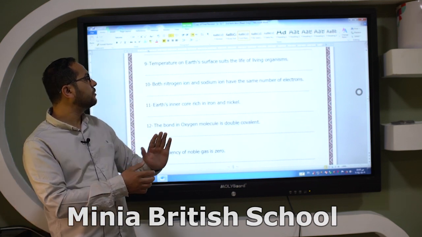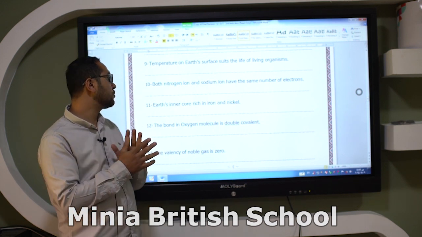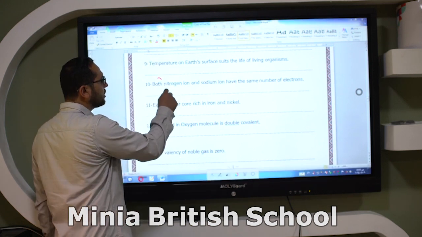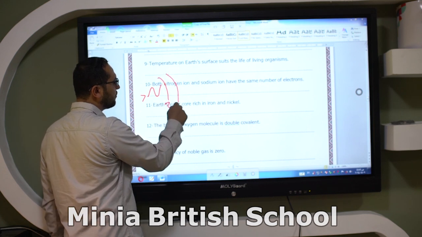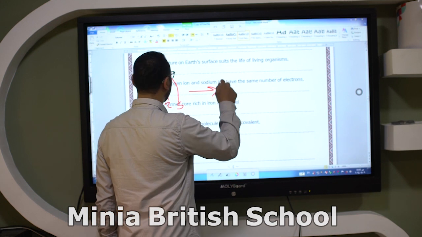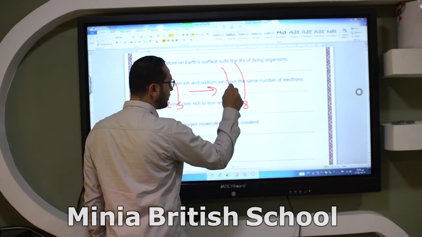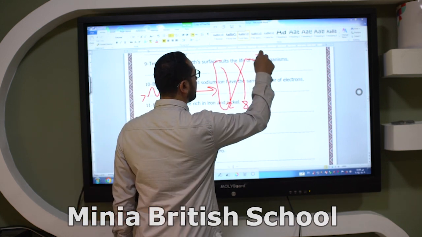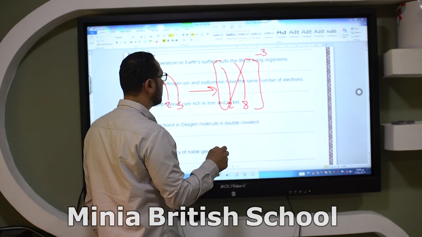Both nitrogen ion and sodium ion have the same number of electrons. Why? Because, look at here, nitrogen 7 is 2, 5. When it gains 3 electrons, it changes into 2, 8, and it carries 3 negative charges.